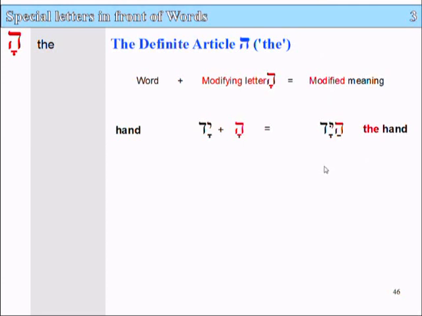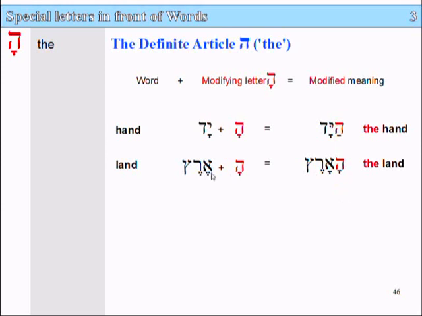Let's have a look at another one. The word for land in Hebrew, eretz, aleph, resh, final tzadeh, with two segols underneath it, eretz, and we add the hey, ha, the, and we get ha-aretz, the land, ha-aretz.